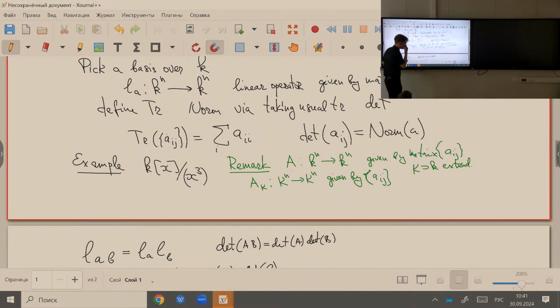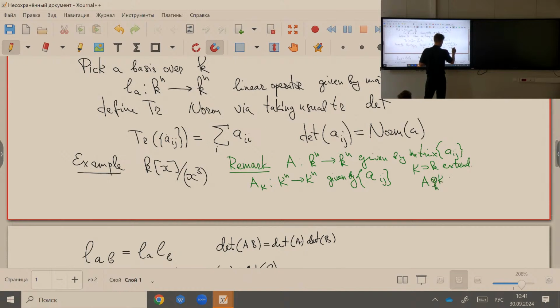Yeah, and when you give this thing by the matrix, you can think of this as multiplying.